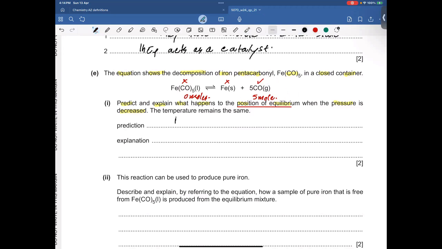So if you decrease the pressure, equilibrium favors the right-hand side because of the greater number of moles. So prediction: the equilibrium position favors the product side, or the right-hand side.